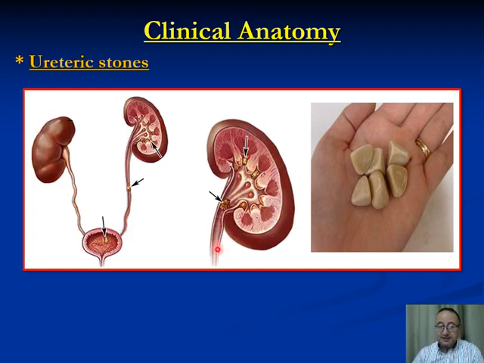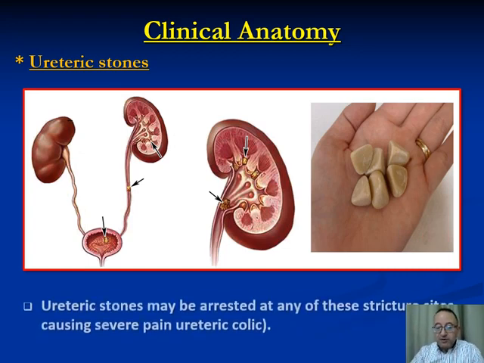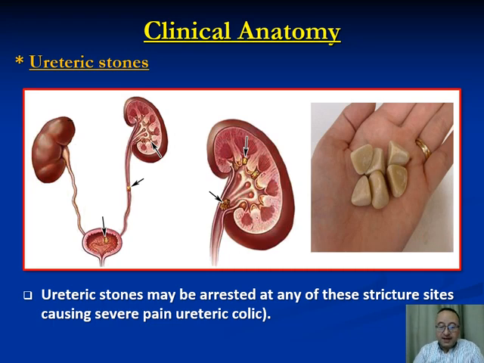During the descent of these stones, they find the areas of anatomical narrowing and become arrested in them. So the value of the areas of anatomical narrowing is that ureteric stones may be arrested at any of those sites.